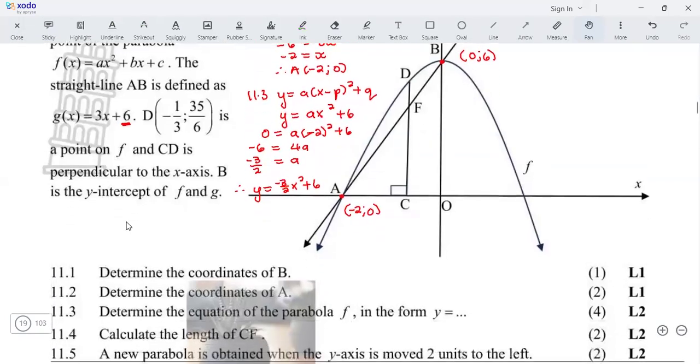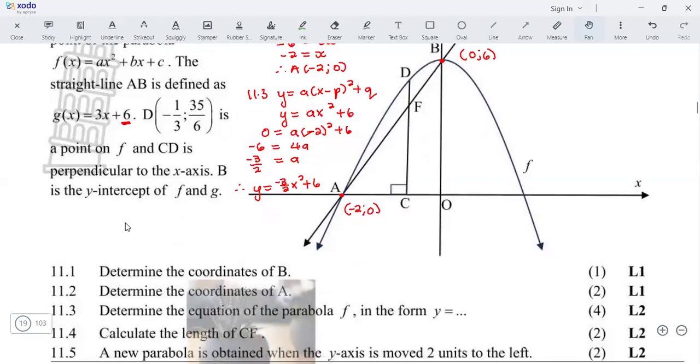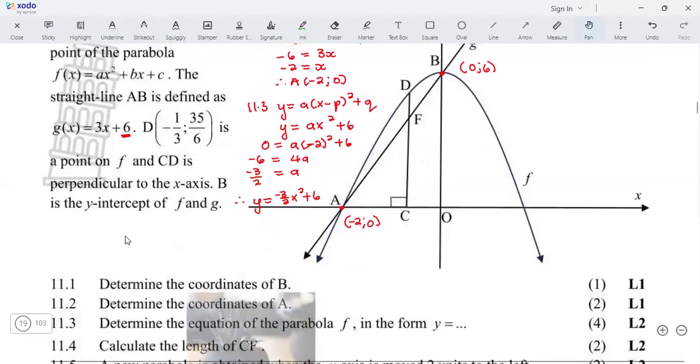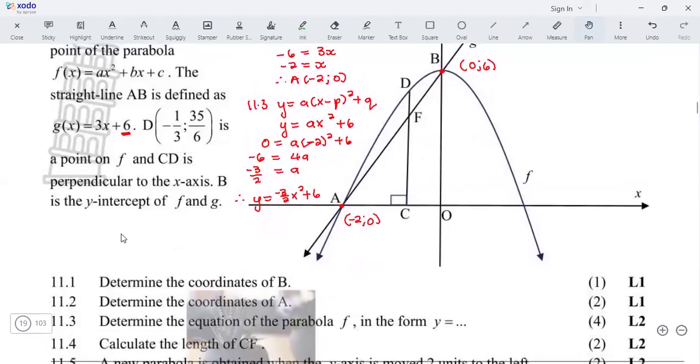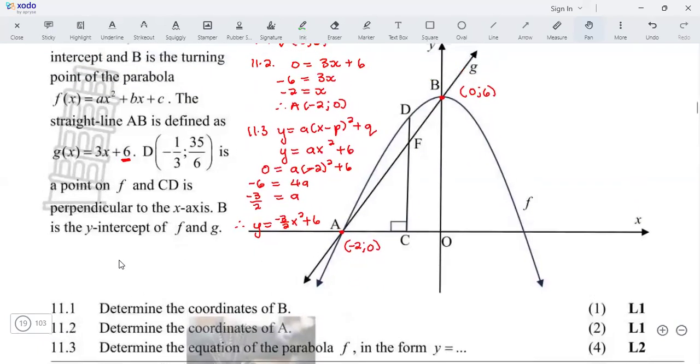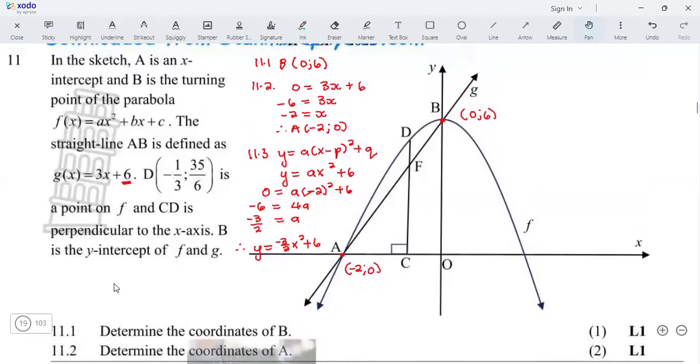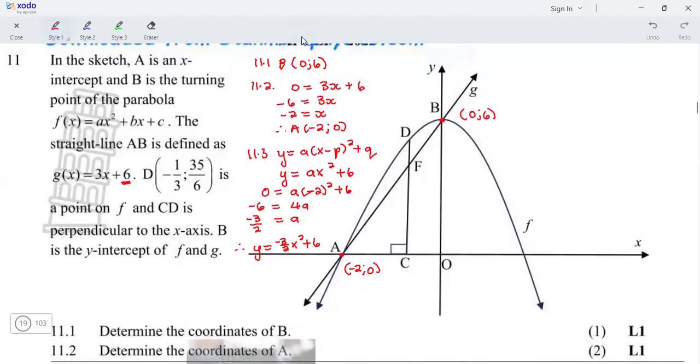Let's look at the next question. It says, calculate the length of CF. So now, to calculate the length of CF, you would need to have the coordinates of F, right? So we need to figure out what those coordinates are. Remember, you were given the coordinates of D. They said that the coordinates of D are (-1/3; 35/6).